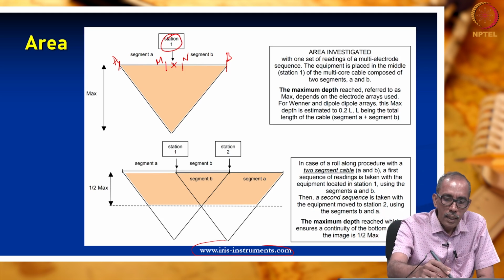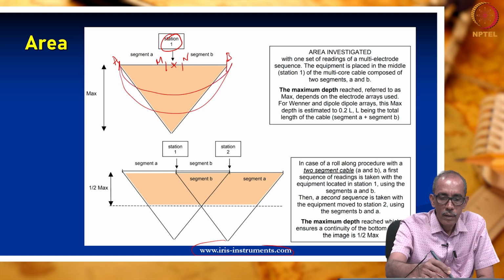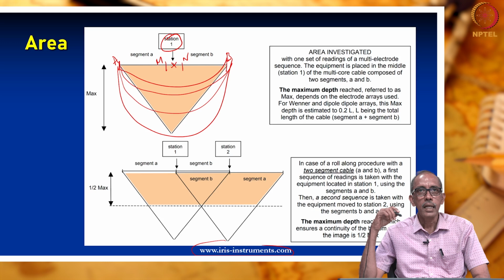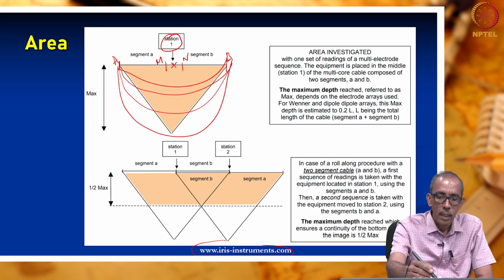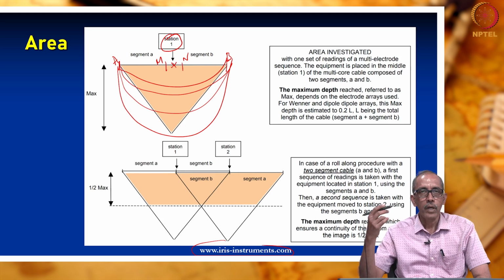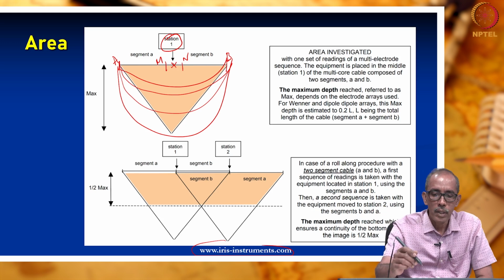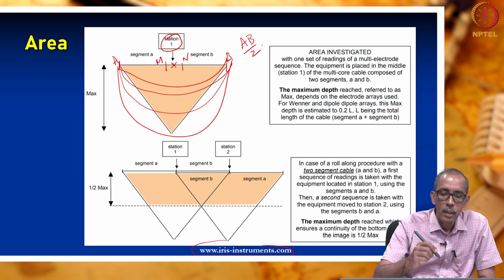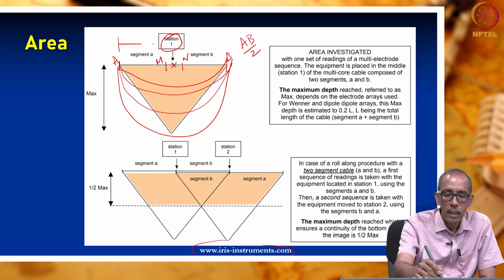Though the current passes through in different ways as I am drawing, our station location is 1 and the depth of penetration now is, suppose you are using the Wenner method, AB by 2. Imagine the A to B distance is 100 meters.